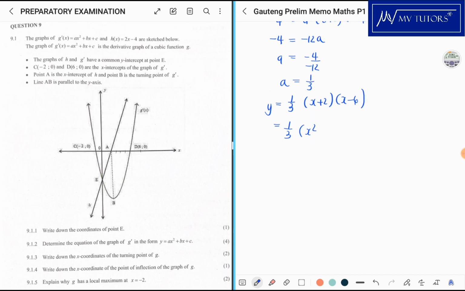So we have x squared, 2x minus 6x, that's minus 4x, and then 2 times negative 6, it's negative 12. And finally, oh, they wanted y. So y is 1/3 x squared minus 4/3 x, and negative 12 divided by 1/3, that's negative 4.